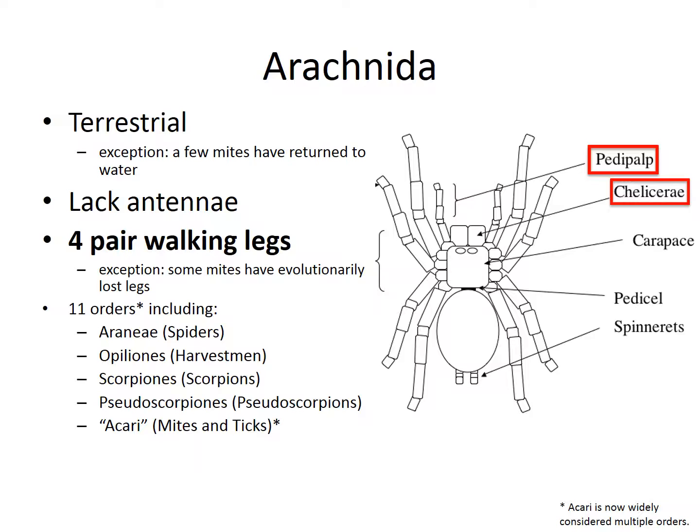But these are an additional set of, for lack of a better term, legs that are not used for walking. And then this other set of appendages called the chelicerae are surrounding the mouth, and these are almost exclusively used for food handling and food capture. And in a lot of groups, they're kind of pointy and spiked, and some of them have venom and stuff like that. Depends on the group.